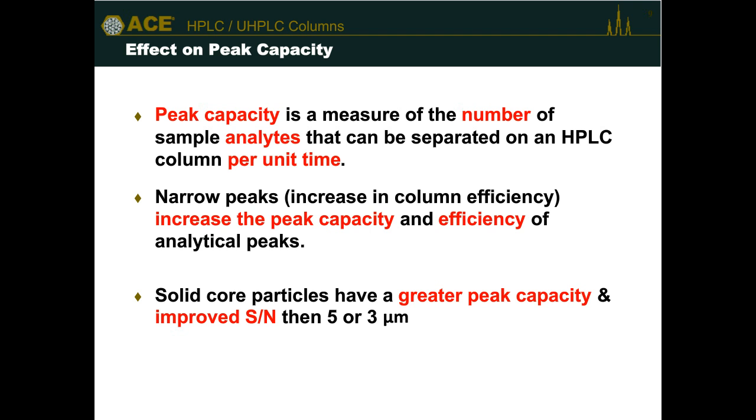So, as you know, in reverse phase, we're mostly looking at hydrophobicity as the dominant mechanism of interaction. If you have a less hydrophobic phase, you might have less retention, less K prime within your gradient method. So it is a balance, but generally we can get a greater peak capacity with these solid core particles.